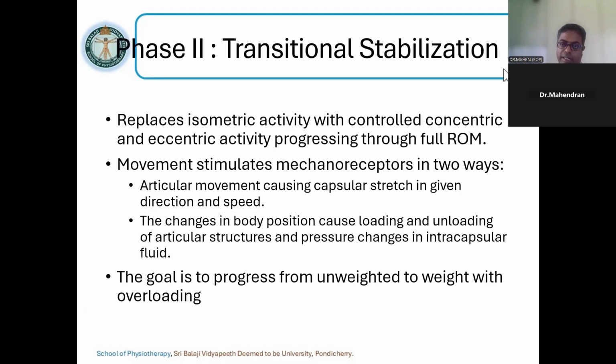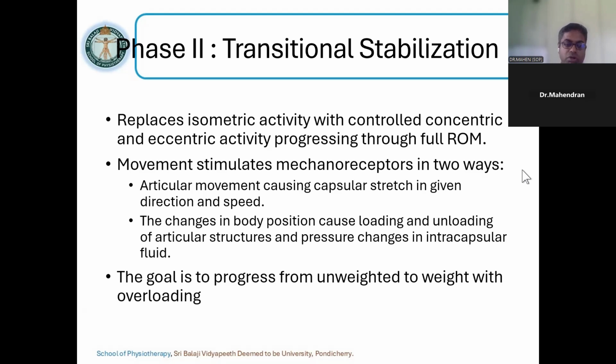The next one is the transitional stabilization. In this stage, we are converting the isometric into isotonic. Normally, when we use isotonic, we could use either a concentric or eccentric form of exercise, progressing through the full range of motion.